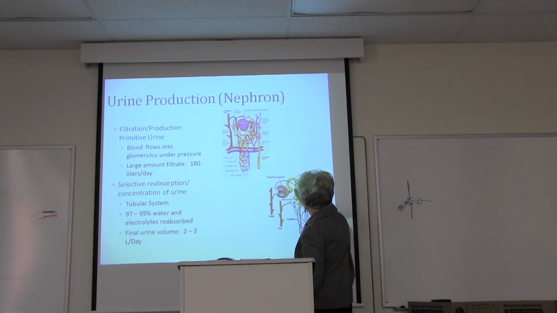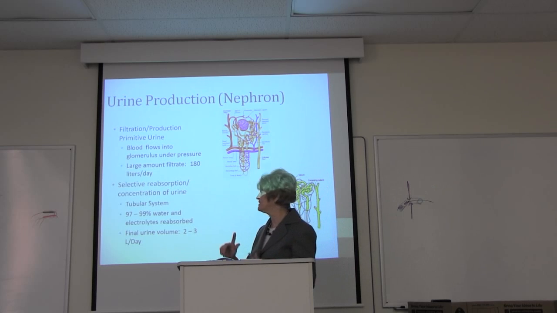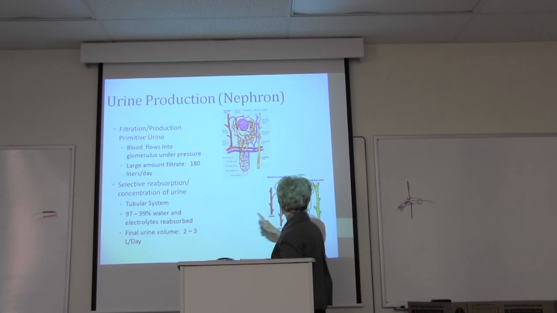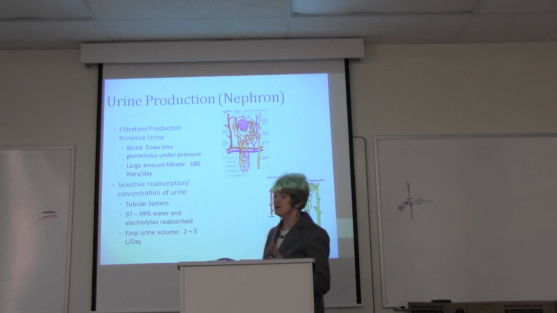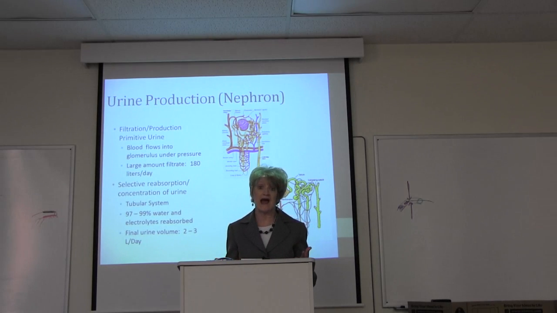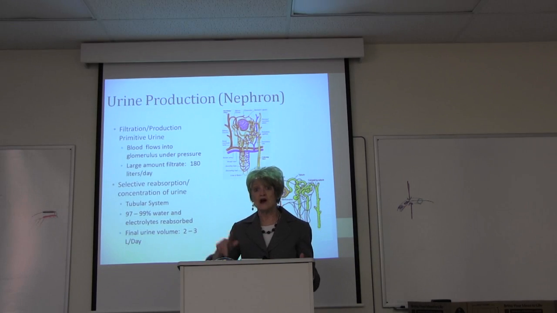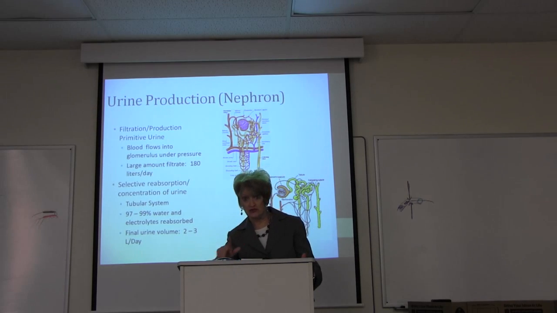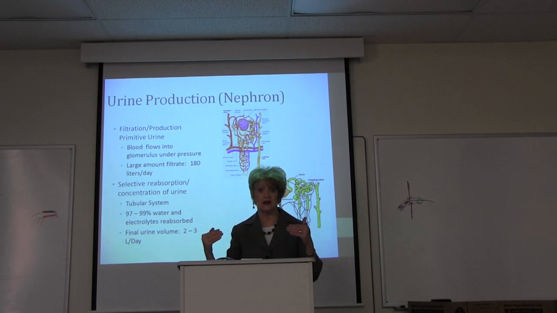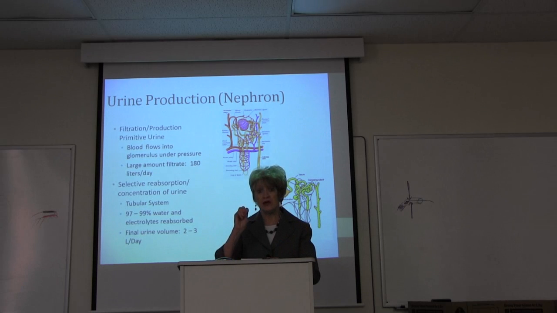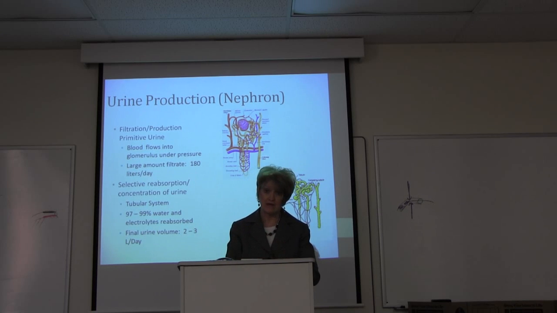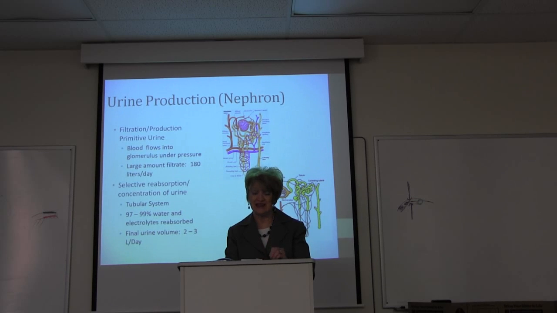Phase two takes place in the tubular system, which is surrounded by a capillary network. So as this primitive urine flows through the tubular system, there's a constant exchange between the tubules and the capillaries, being the bloodstream. The primary effect is reabsorption. So most of that 180 liters are reabsorbed back into the bloodstream.